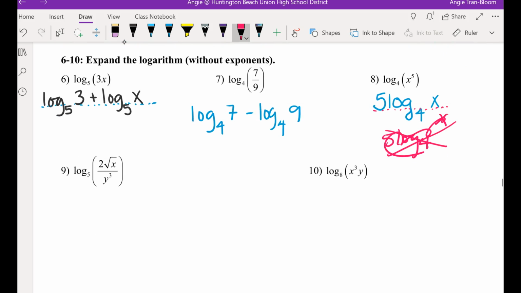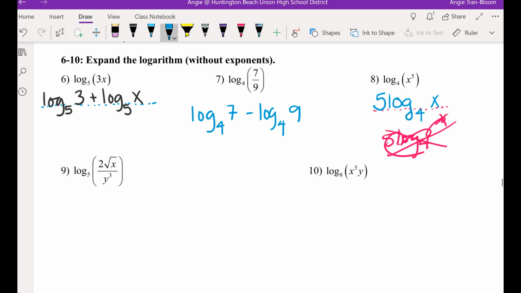Oh, 9. Oh, my. What do you do? Same thing. Victoria, how do you start? There's so many ways, and we have to write multiple steps because this is going to be really expanding. Is 2 a power? No, it's not. So we can't move it as a coefficient.